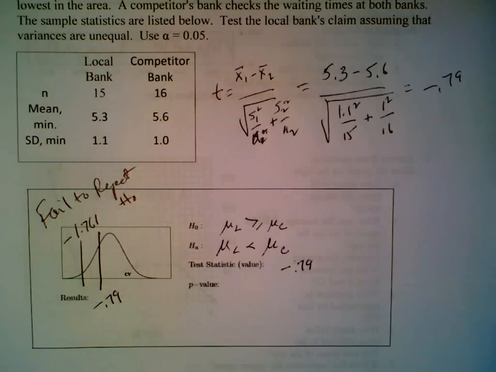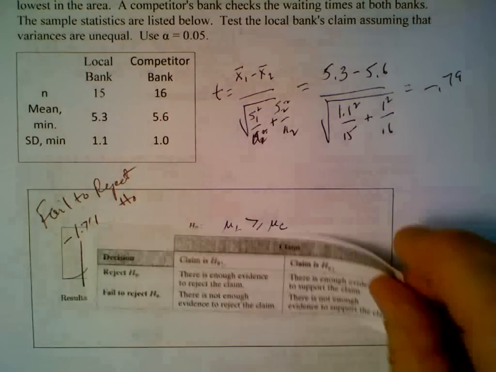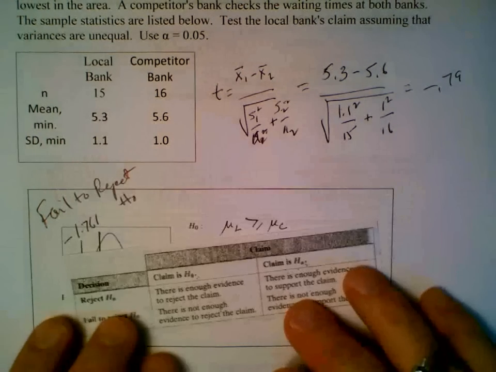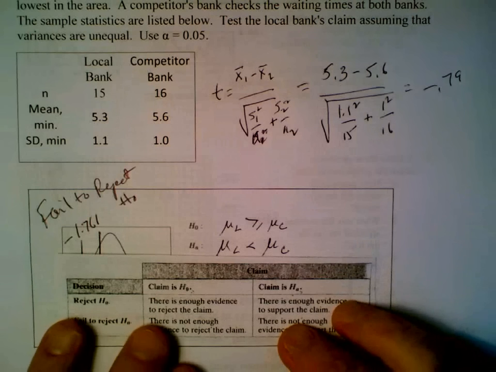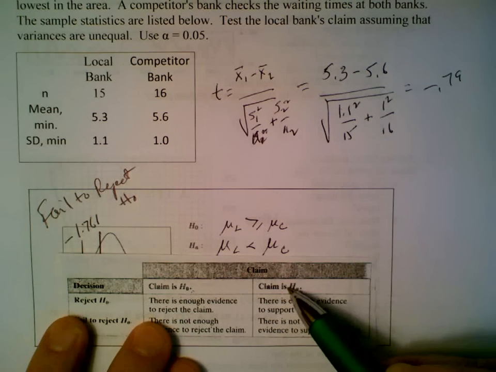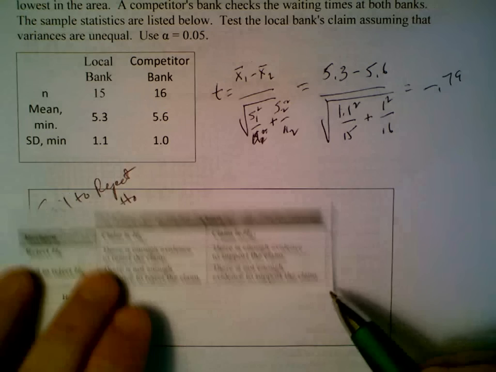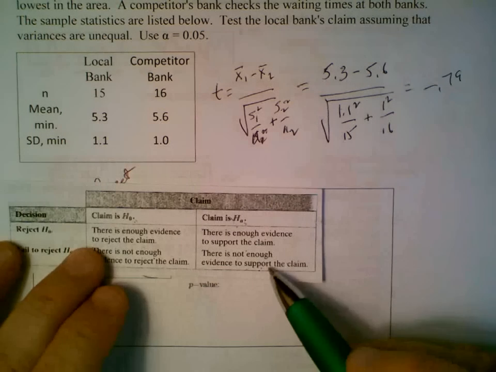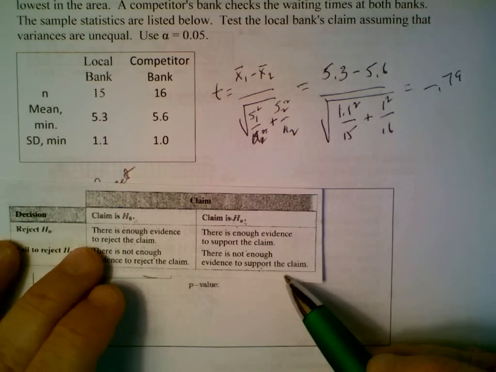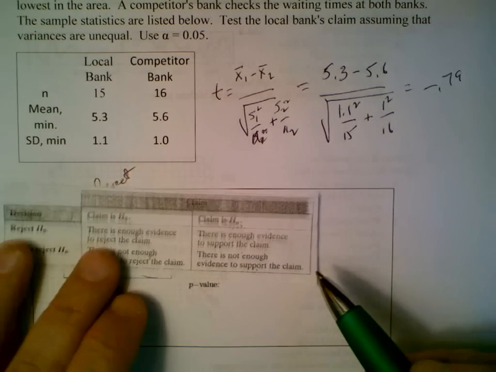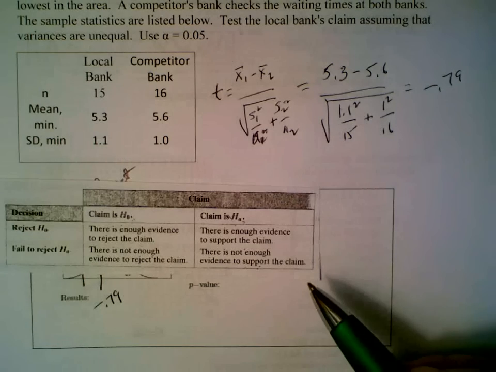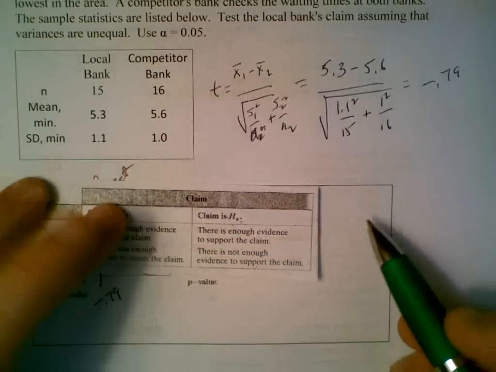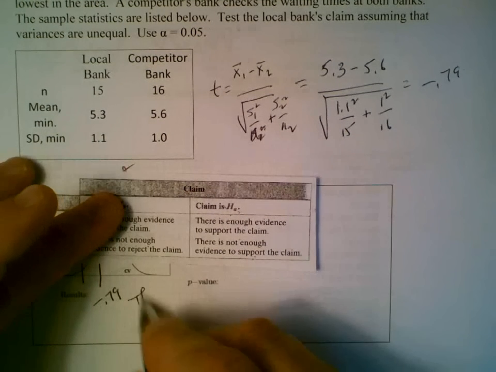Statement of results. We've got our little helper. And our helper says, first of all, the claim is the alternate hypothesis. We failed to reject. Therefore, there is not enough evidence to support the claim that the local bank's waiting time is less than everybody else. And that's, I think, the way I'll write it.